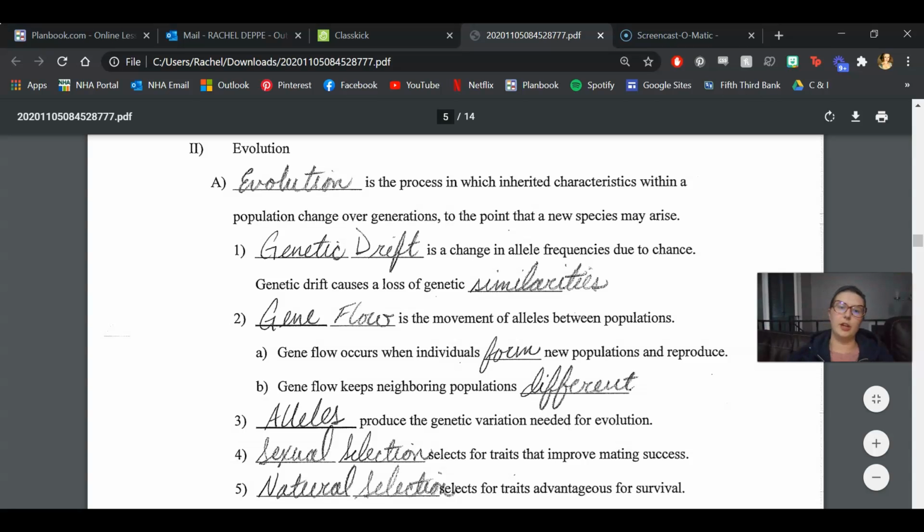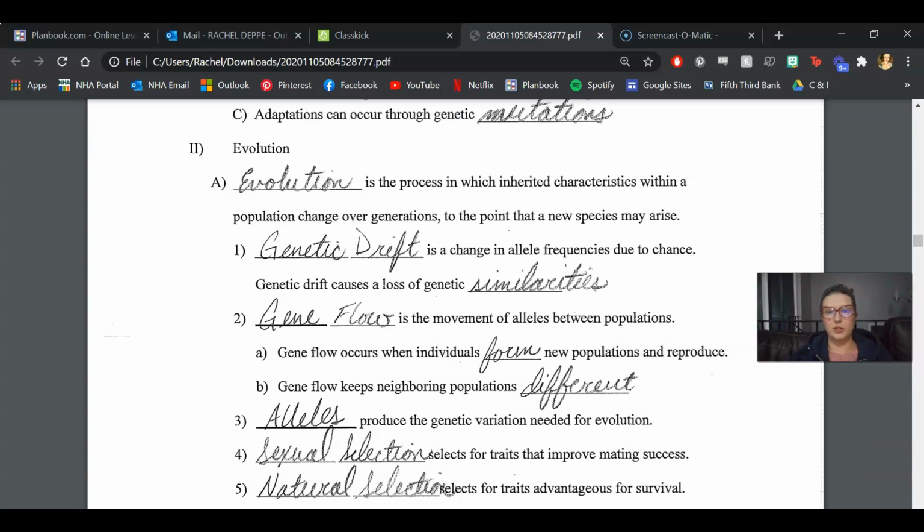Part 2, evolution. Evolution is the process in which inherited characteristics within a population change over generations to the point that a new species may arise. So 1, genetic drift is a change in allele frequencies due to chance, and genetic drift causes a loss of genetic similarities.